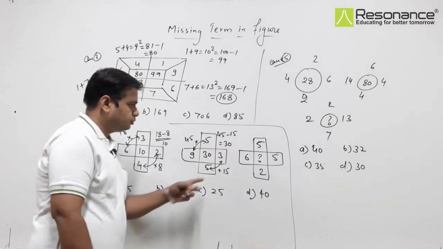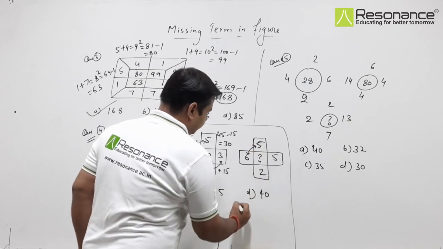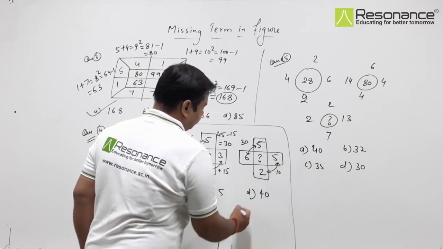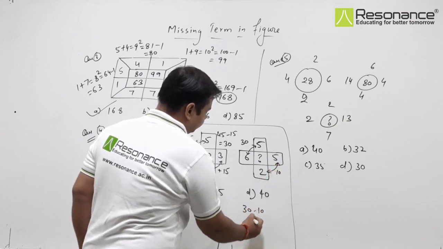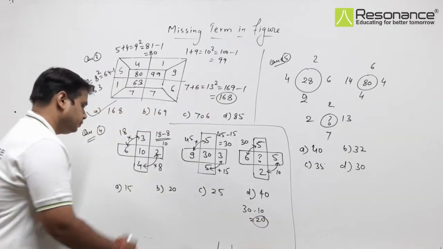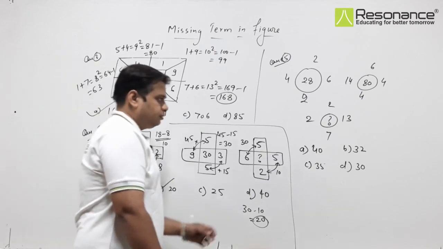So we have to do the product of 6 and 5, which is 30, and the product of 5 and 2, which is 10, and 30 minus 10 is 20.